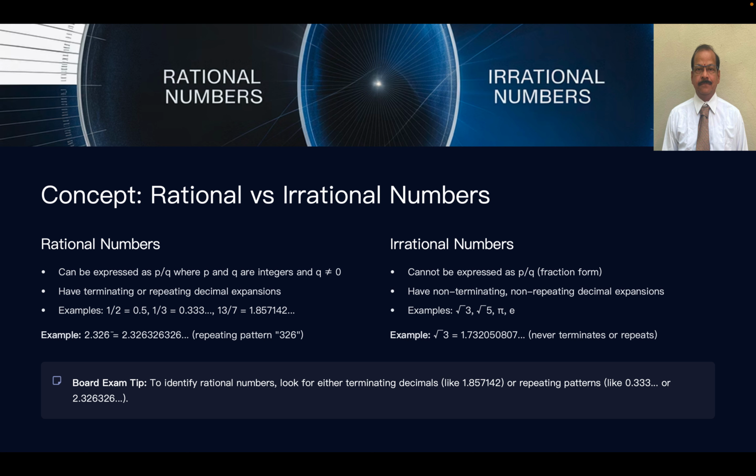One of them is the required condition for rational. And when it is non-terminating and non-recurring, that is irrational. This is a general description about rational and irrational. Let's move on.